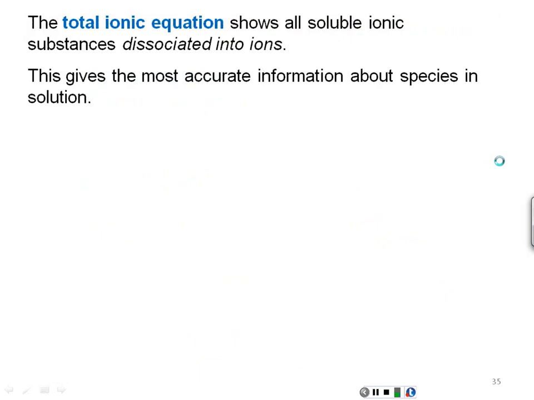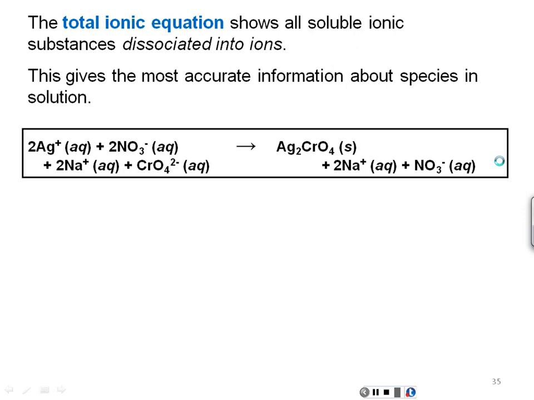So we can write what is called a total ionic equation if we want to gain some more insight into what species are dissociated. And this gives the most accurate information about species in solution. So if we take the same example we had on the previous slide and write that as a total ionic equation, this time we have to write all the ions as they're dissociated.